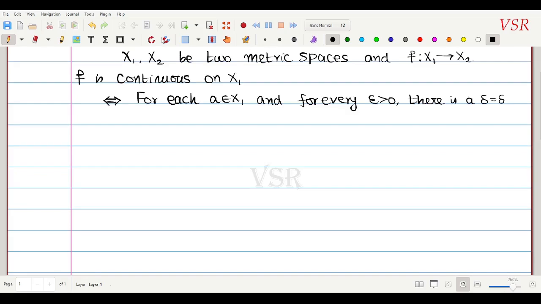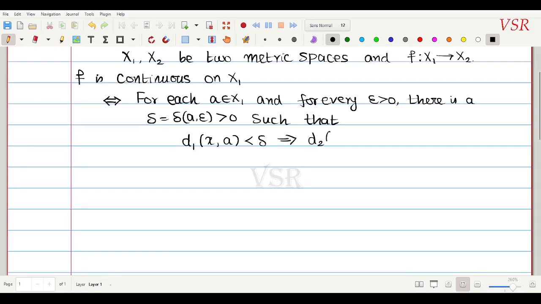So I will write it here. There is a delta, this delta depends upon a comma epsilon, positive, such that whenever the distance d1 of x comma a, which is less than delta, this would imply that the distance d2 of f of x comma f of a is less than epsilon.